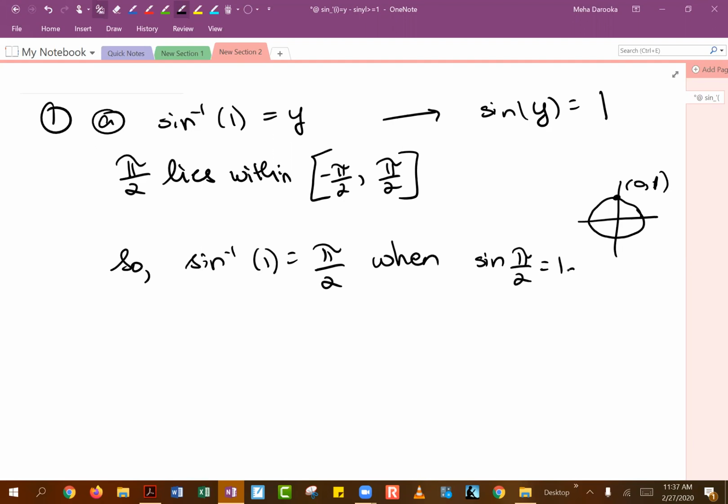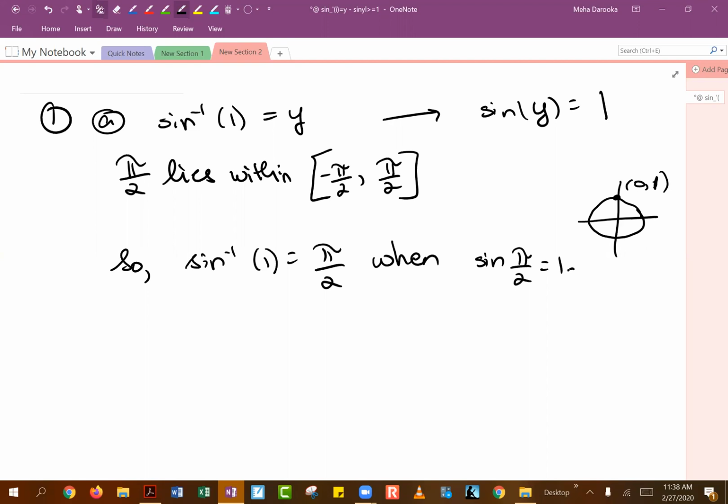So when you're working with these inverse functions, you actually have to think about what the original function behaves like. Because remember what I told you, your x and y values interchange when you go from the original to the inverse function. So if they're asking you sine inverse of 1, basically they're asking for what value of your angle is sine going to equal 1.